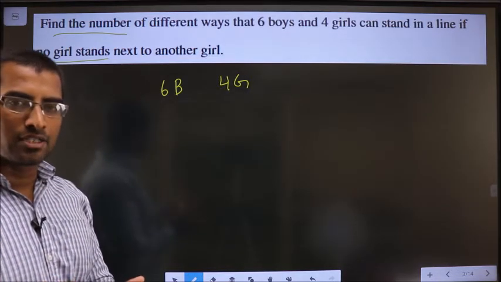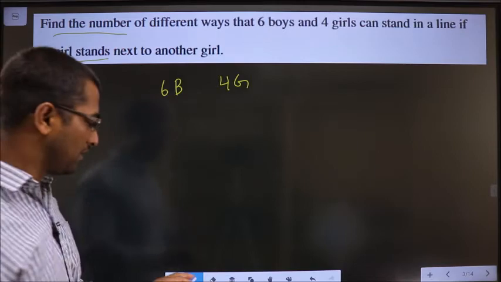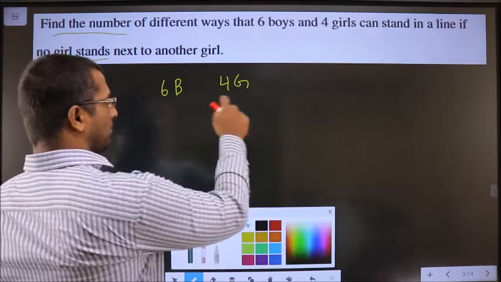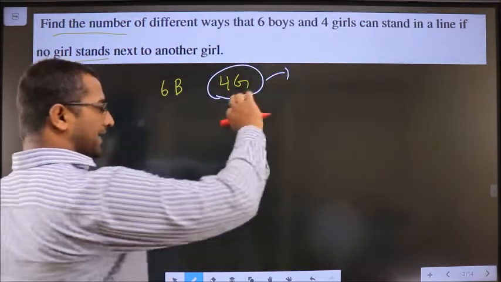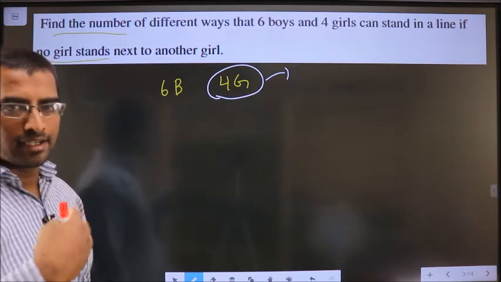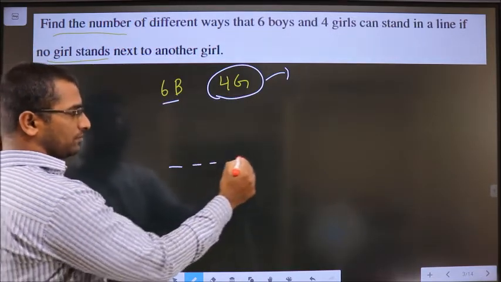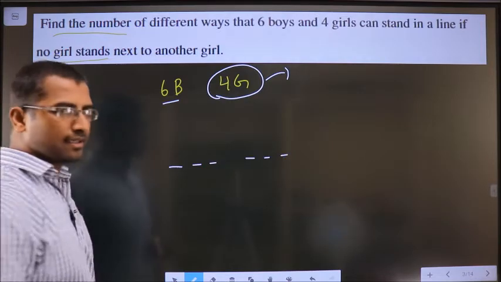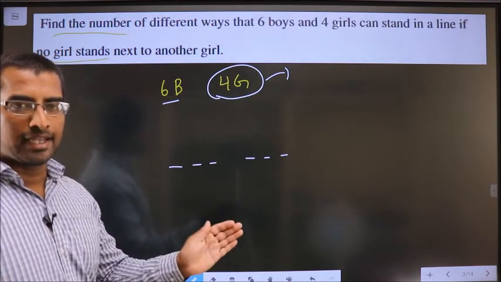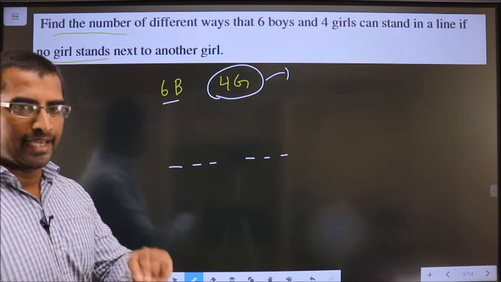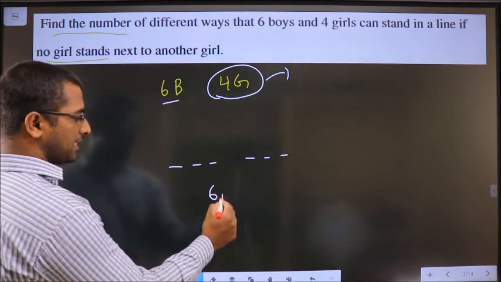In order to satisfy this condition, step 1: put these girls aside and arrange the rest. Rest are the boys. 6 boys, 6 blanks. So boys can be arranged in 6 blanks in 6P6 ways.